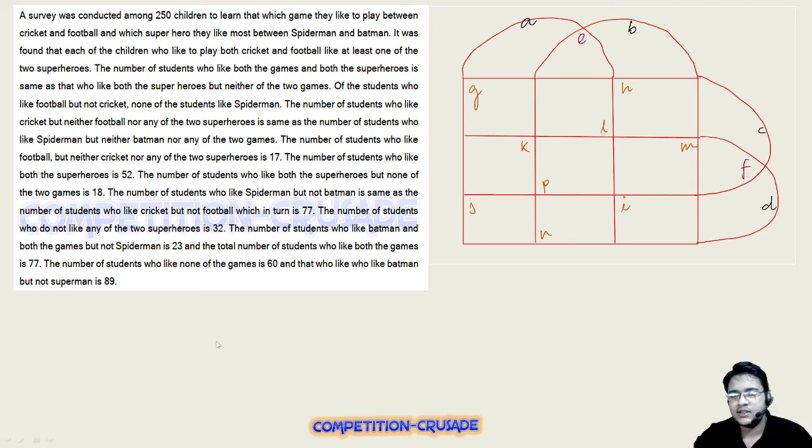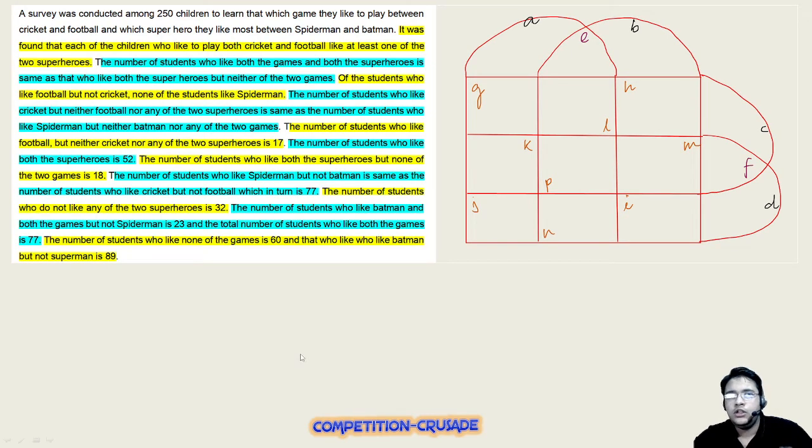I have jotted down the information in two colors: one highlighted color is yellow and the other one is blue-green. Now see how many conditions I have: 1, 2, 3, 4, 5, 6, 7, 8, 9, 10, 11, total 11 conditions, all given in a passage. That is perhaps the reason why people will find this a little difficult.